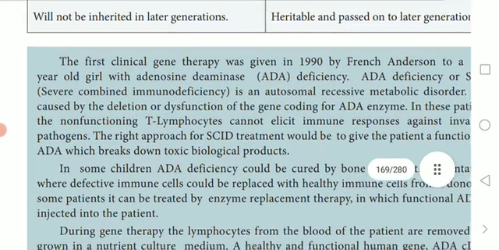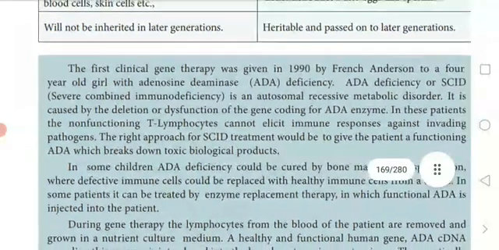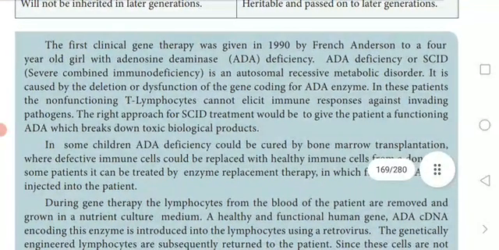In somatic therapy, genes are introduced into bone marrow cells, body cells, skin cells, etc., and are not inherited in later generations. In germline therapy, genes are introduced into eggs and sperms, and are heritable and passed on to later generations. This is important for 2 marks, so you can mark it. And there is one more small information bit here.